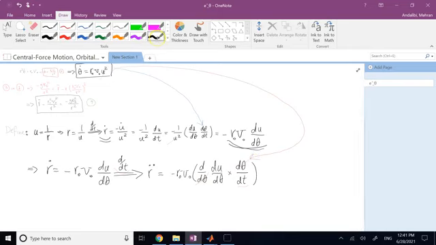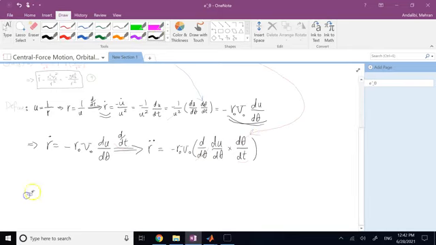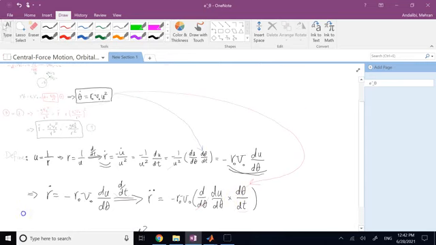So if I do that, what happens? I will get r double dot to be equal to negative r naught v naught. This guy is the second time derivative of u with respect to theta. And that one is clearly what?